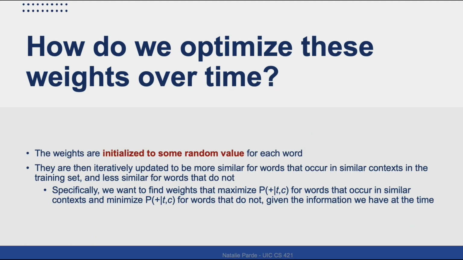And now that we've seen how the embeddings are learned, the next logical question might be, how are these weights from the middle layer of the Word2Vec model optimized? And the answer is that this is an iterative process that works very similarly to how weights are optimized in logistic regression. The weights are initialized to some random value for each word, and then over time they're updated so that they produce more accurate output probabilities.